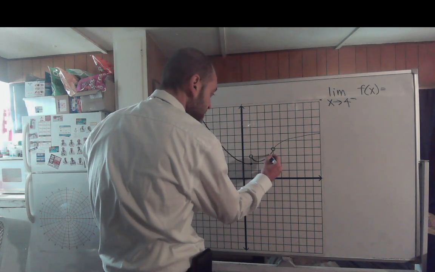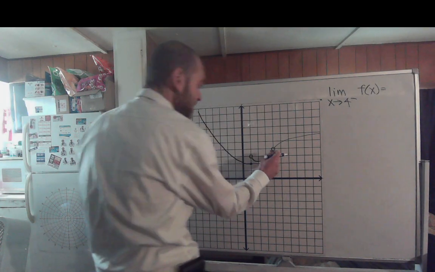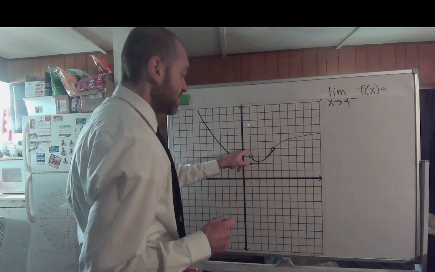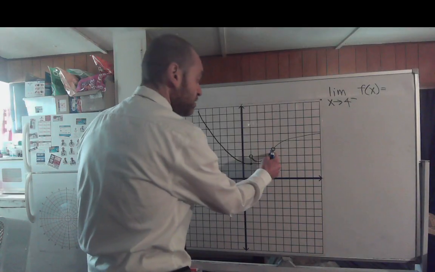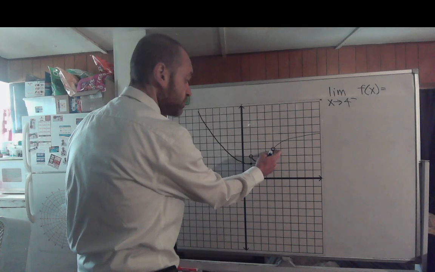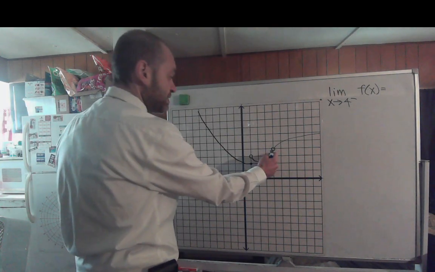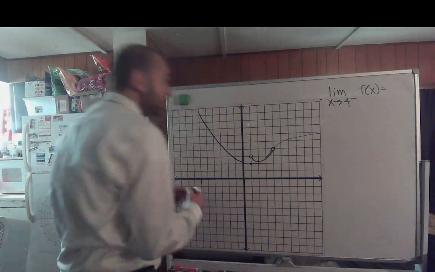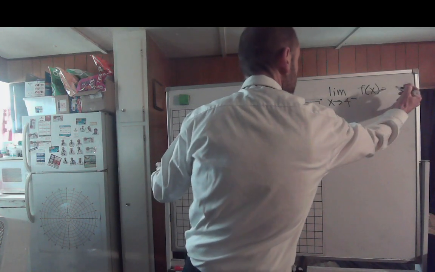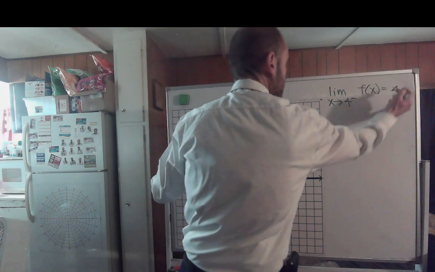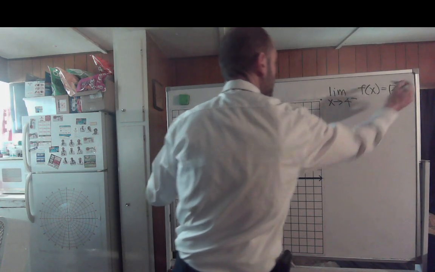If I trace along the graph going from the left-hand side, I'm getting infinitely closer and closer to a y value of 4. If I go along the graph to the left of x equals 4, approaching that value of x equals 4, notice my y value is also 4. So in this case, the limit as x approaches 4 from the left of this function is going to be 4.